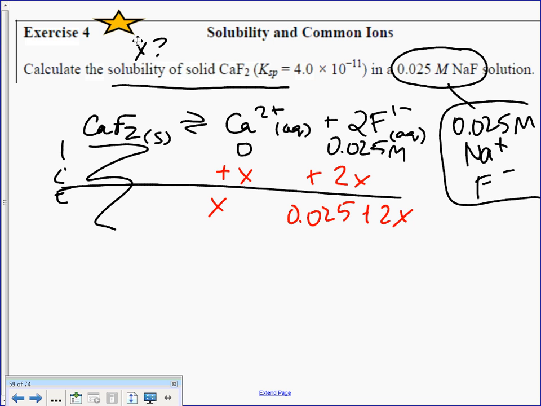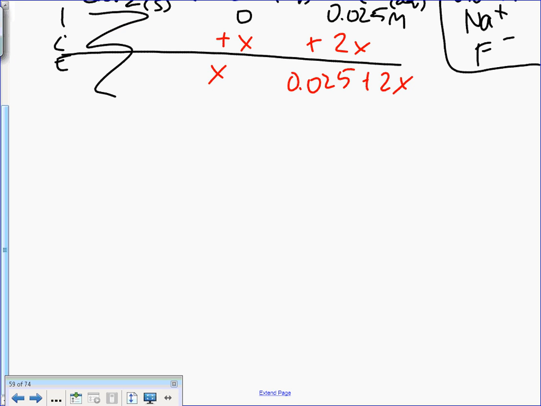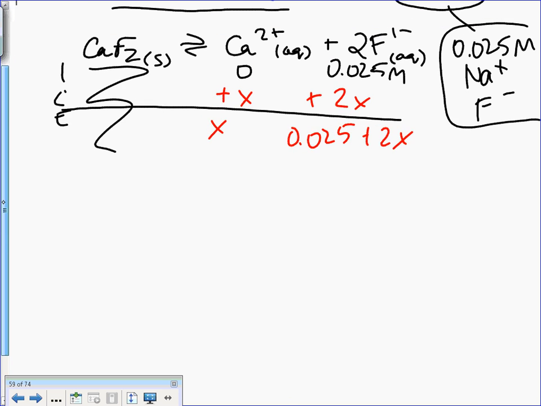So what else do I need to set up right now? What do I need to set up? KSP expression. I'm trying to really be diligent about how I use the term. KSP expression just means to write out the products over the reactants. In this case, it's just products. KSP is calcium ion times fluoride squared.